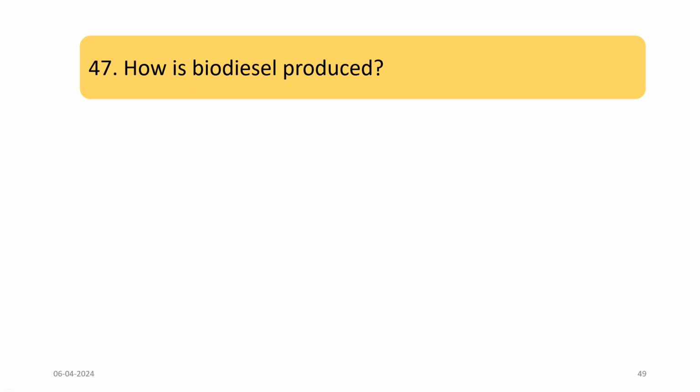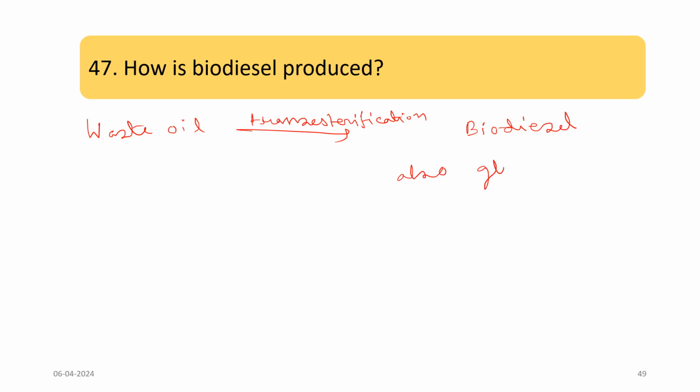Next, how is biodiesel produced? So there is waste oil, suppose. Waste oil will go through esterification and can produce biodiesel. Also glycerol. So both can be produced, but mainly waste oil after esterification produces biodiesel.